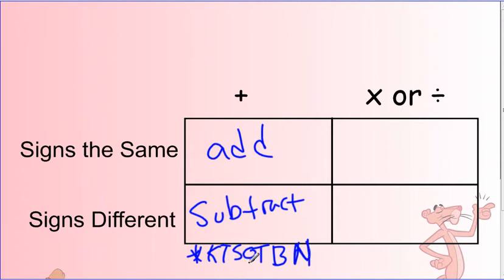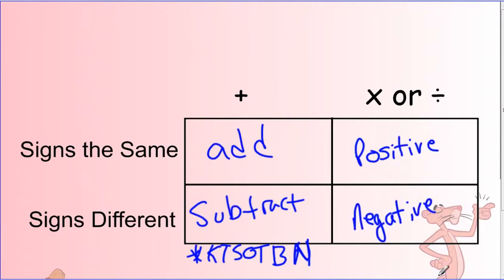That's the rule for adding. When you're multiplying or dividing, if the signs are the same, you get a positive number. If the signs are different, you get a negative. And then the rule for subtraction was you do the KFC thing, and you change it into addition, and you follow the addition rules.